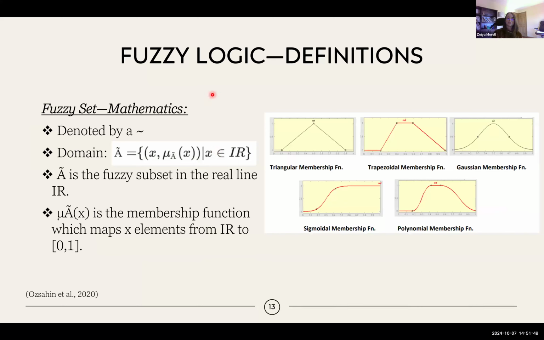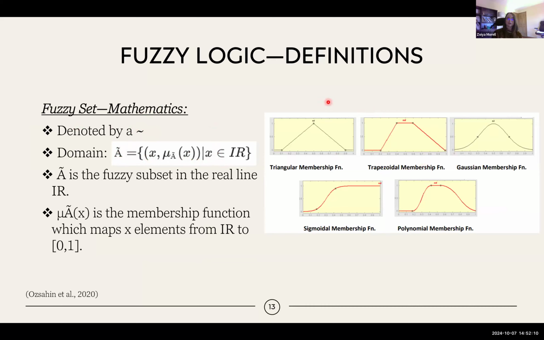Okay, so looking into more possible shapes for fuzzy sets and some definitions for them, you can tell something's a fuzzy set because it's got a little squiggle by it, like this. And this is the domain for a fuzzy set, in which these are actually the fuzzy subsets of the real line R. So why a fuzzy subset?